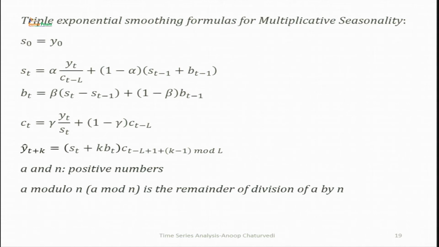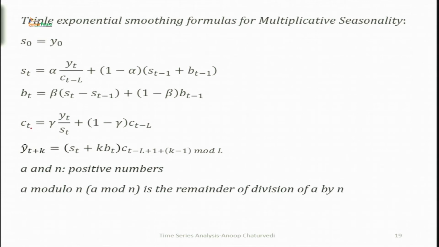S naught is equal to y naught, then you define S_t equal to alpha y_t upon C_{t-L} plus (1 minus alpha)(S_{t-1} plus B_{t-1}). Similarly, you update the trend component B_t using this formula: B_t equal to beta (S_t minus S_{t-1}) plus (1 minus beta) B_{t-1}.